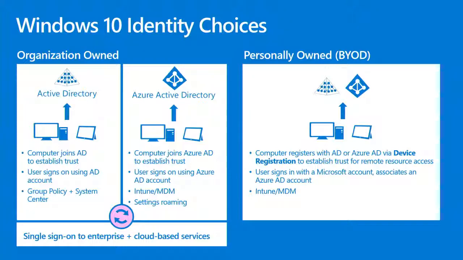You just say that I want to add a work or school account, put in your credentials, and that both registers the device and enrolls it in an MDM solution just by typing in your user ID and password. That's as simple as we want it to be with these personally owned devices. They can use a Microsoft account for their personal stuff, but they would add a work account in order to access company resources.